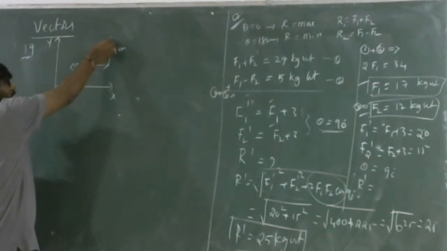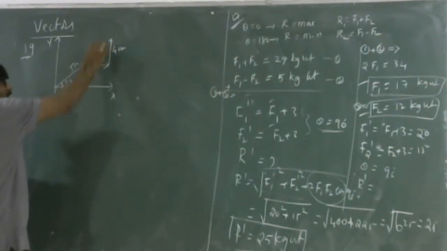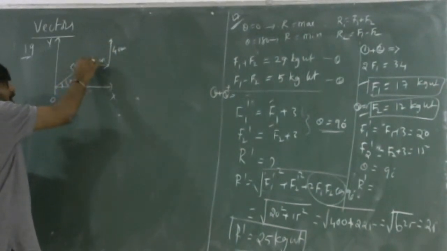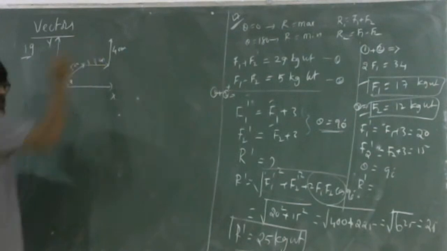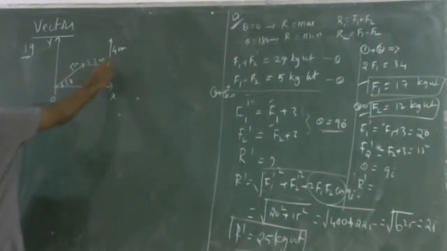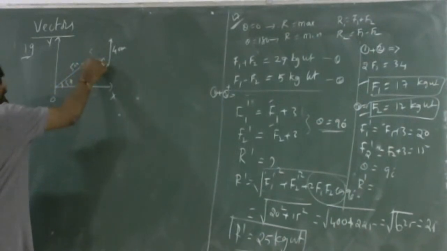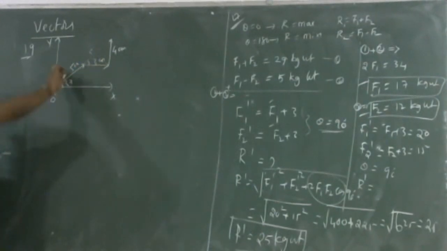If you find this resultant part, this angle will be different, guys. So this will be 53, that we will see later on. Another thing, if you have a triangle with 3, 4, 5, this angle will be 53 with horizontal, but this is 37 with horizontal. Directly you can add them. So you have to be a little careful if you are using the graphical method.